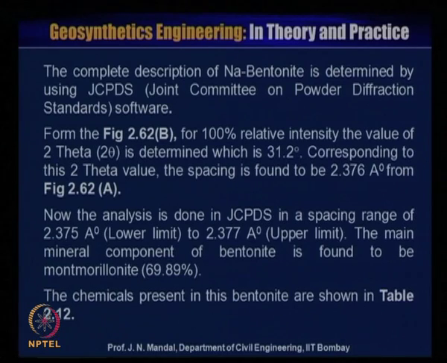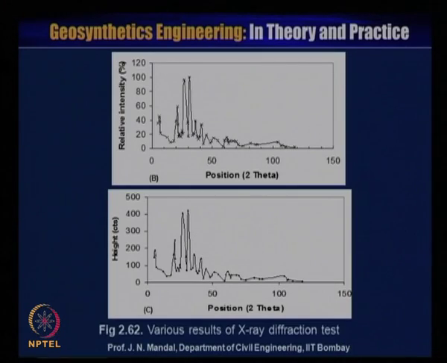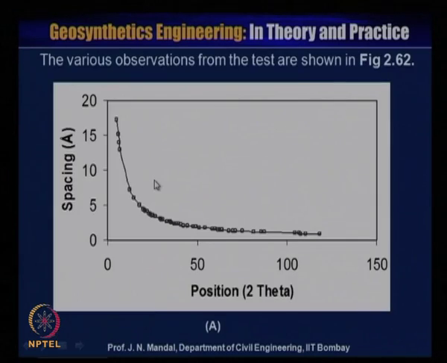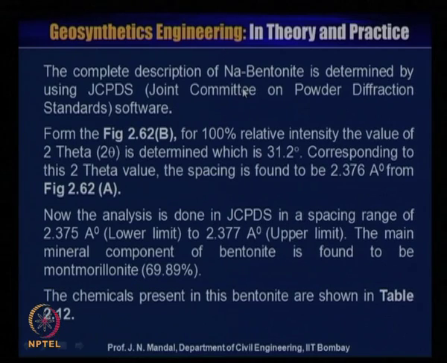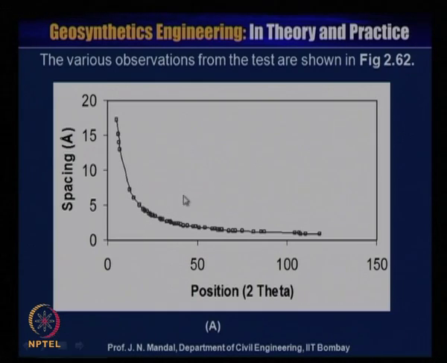From this figure, suppose this is B and also C. So for 100% relative intensity, the value of 2 theta is determined, which is 31.2 degree. Corresponding to this 2 theta value, the spacing is found to be 2.376 Angstrom from the figure. So you can also determine it from this figure.